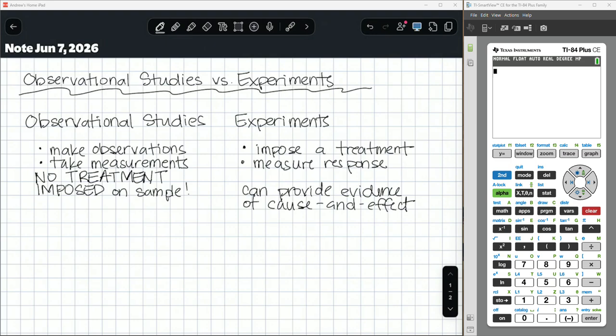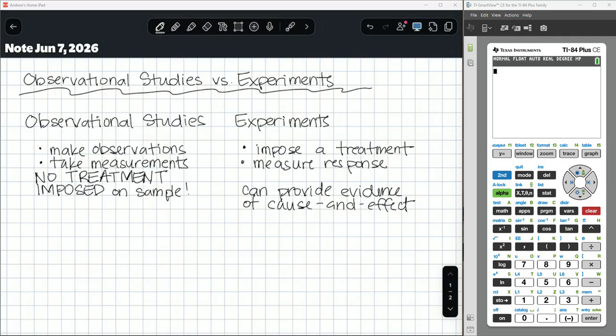Going back to our children listening to music example, if I did this as an observational study, where I went into classrooms where students were allowed to listen to music, and I looked at the test scores and then sorted those scores based on which kids happened to be listening to classical versus which kids were not listening to any music.